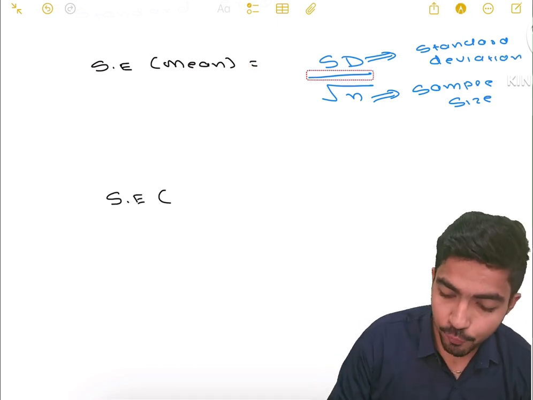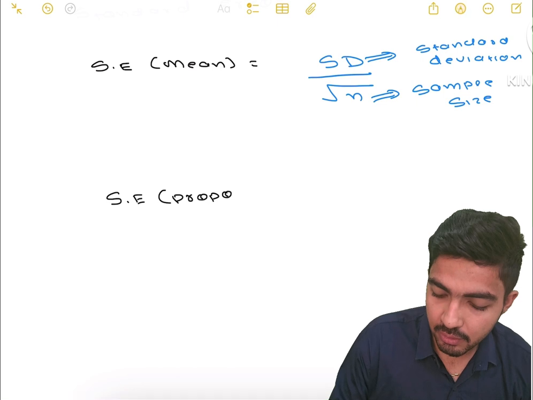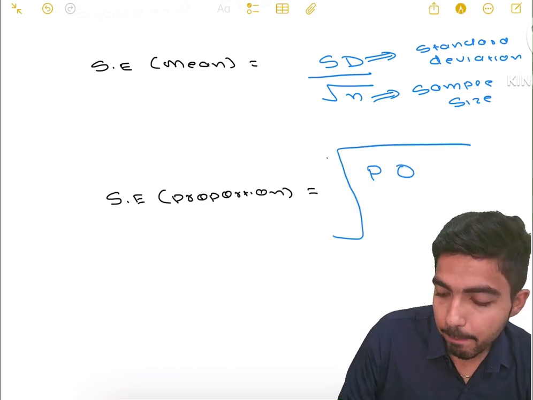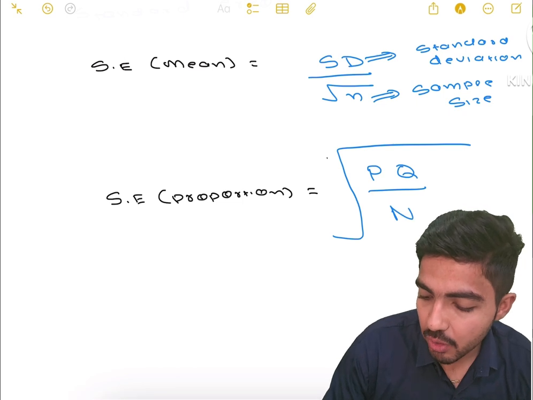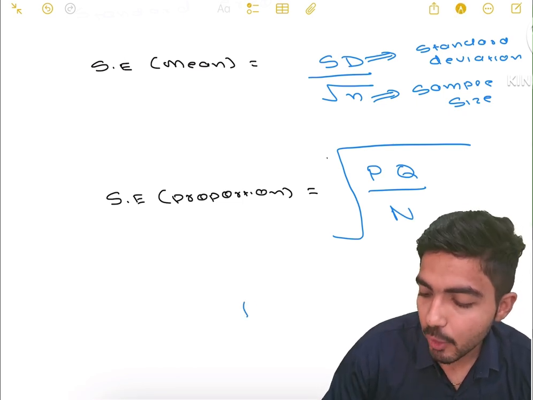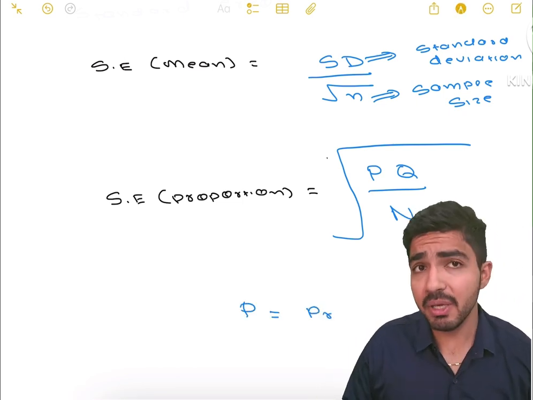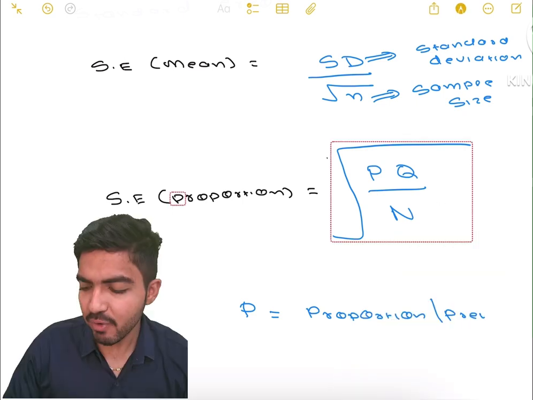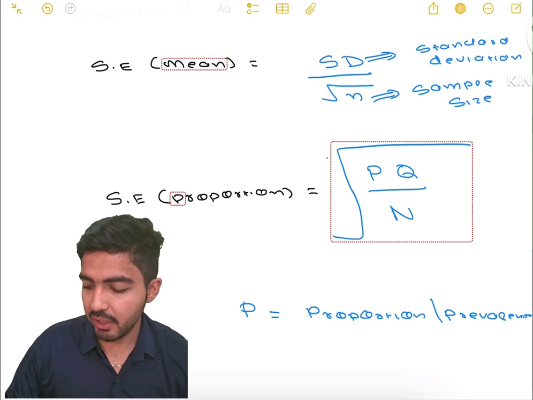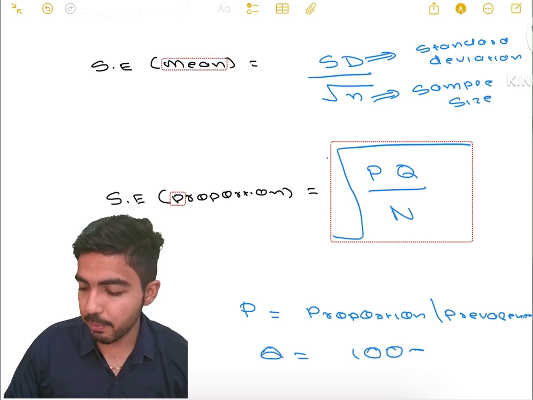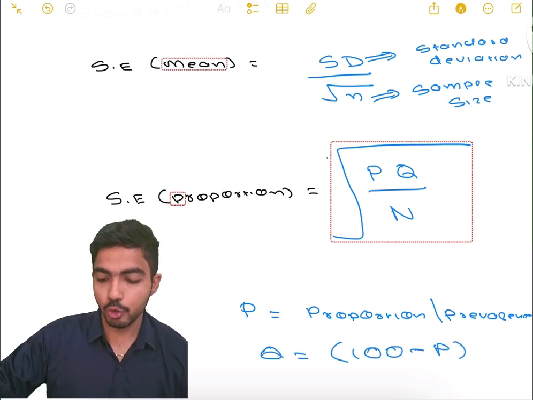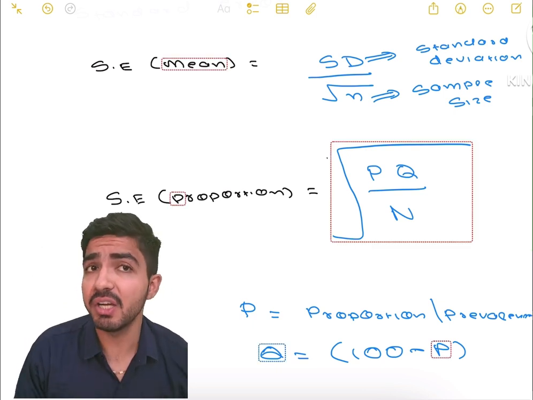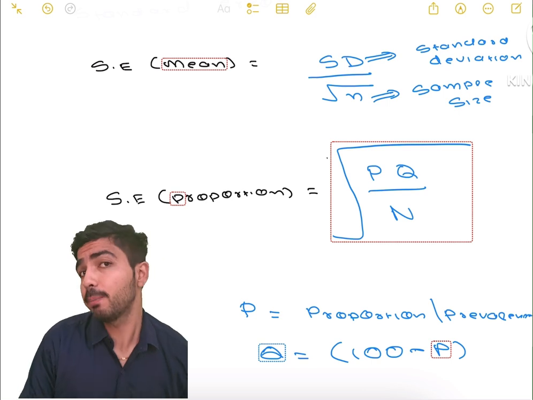And in case of standard error calculation in proportion, the formula looks like whole under root PQ by N. P here means, of course, proportion, prevalence, and Q here means 100 minus proportion. So these are the simple formulas we can apply to calculate standard error in case of mean and proportion.